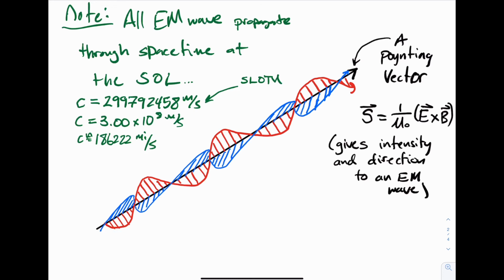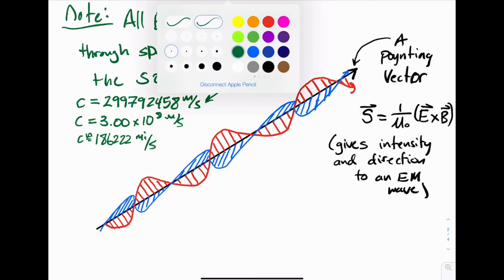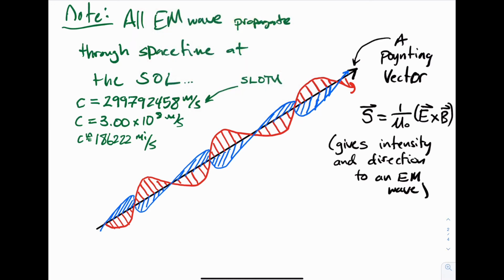So as the electric wave propagates downward, the magnetic wave propagates into and out of the page. They are always oscillating orthogonal, or 90 degrees, from each other, and the oscillations are always 90 degrees separated from the direction of propagation, which is shown by the Poynting vector.